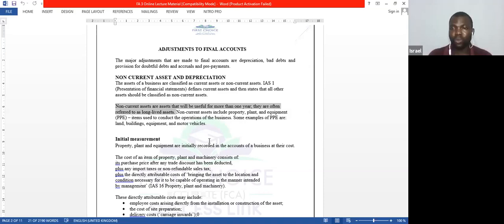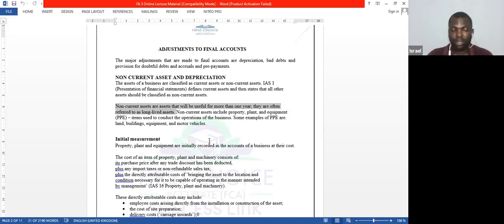What you are going to do is, number one, calculate all other costs that make you derive the motor vehicle, and make it available at the point of use.